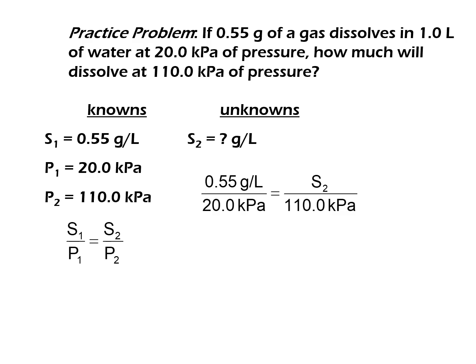We could take 0.55 times 110 equals S2 times 20, and then you'd have to divide the 20 out. So there's multiple ways you could solve this to get S2 by itself. You have to do just a little bit of algebra here to solve for S2. So I want you to take a moment, take your calculator out, and go through and solve this. Pause it for a moment, solve this, and then I'll put the answer up.